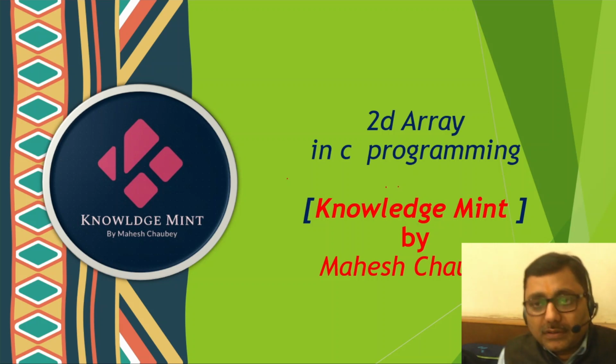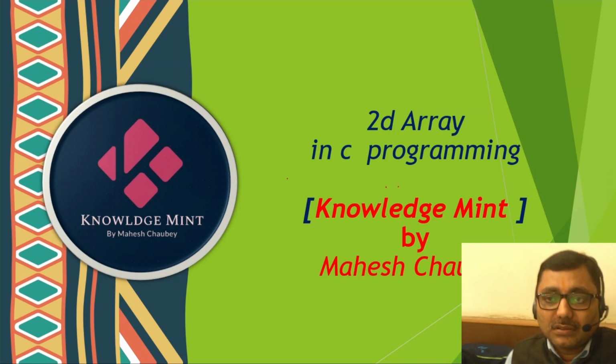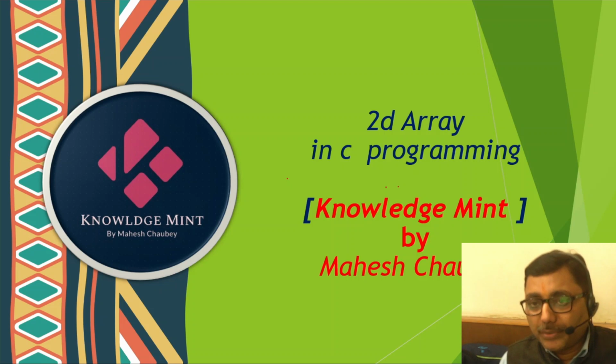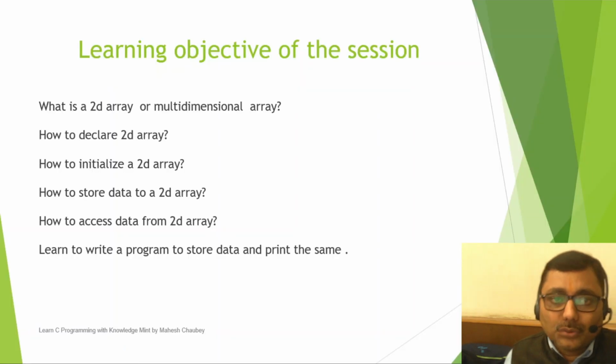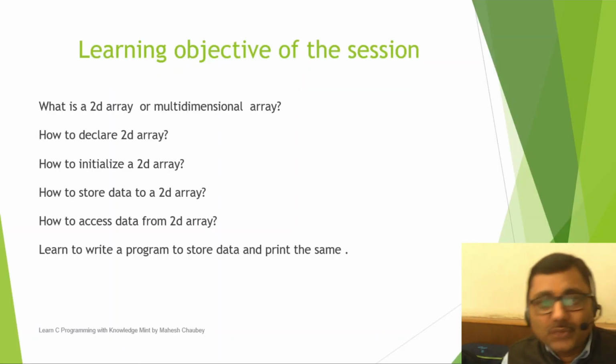So today we are going to discuss 2D arrays in C programming, where D means dimension. In this session we'll learn what a 2D array is, or you can say what a multi-dimensional array is.